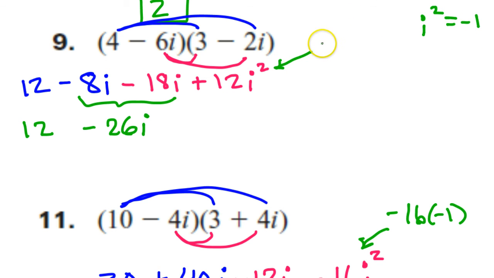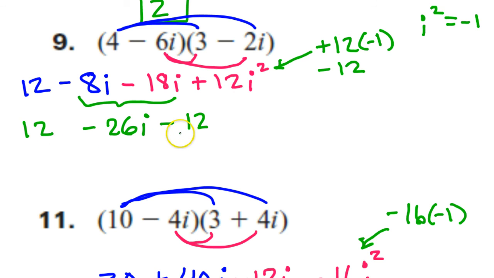So this is really positive 12 times negative 1 because of the i squared. So a positive 12 times a negative 1 is negative 12. So that's why we're going to have a minus 12 right here. So basically, if you have i squared, it's going to change the sign of whatever it's touching. So the i squared changes the positive 12 to a negative 12.